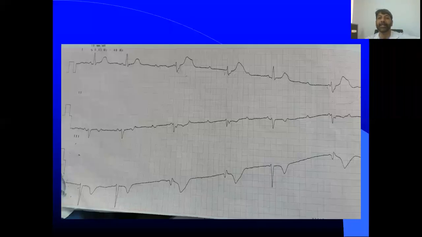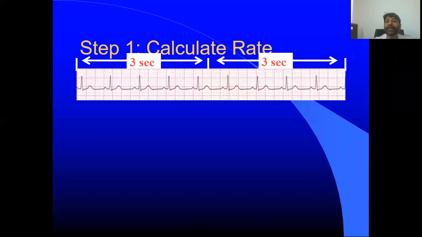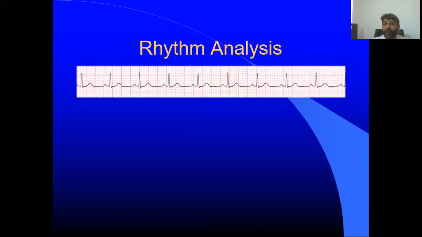Okay. In this strip, first, before rhythm assessment, let's revise the rule or principle of rhythm analysis.